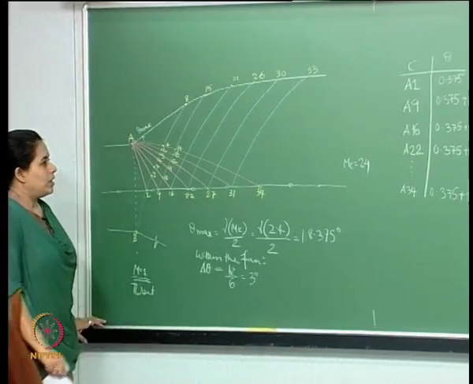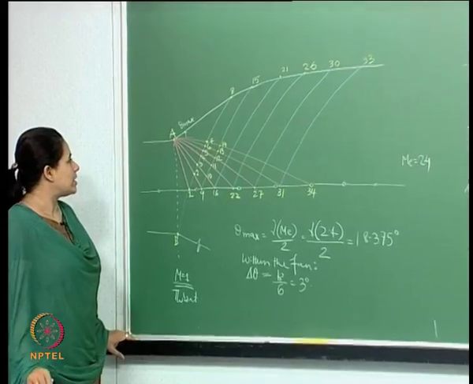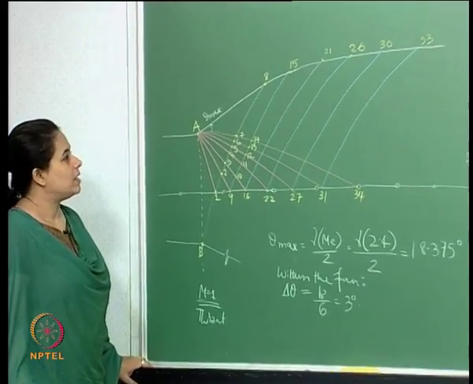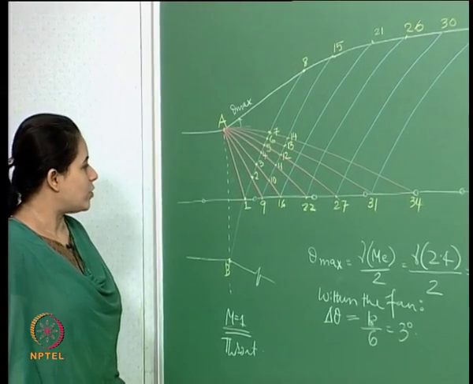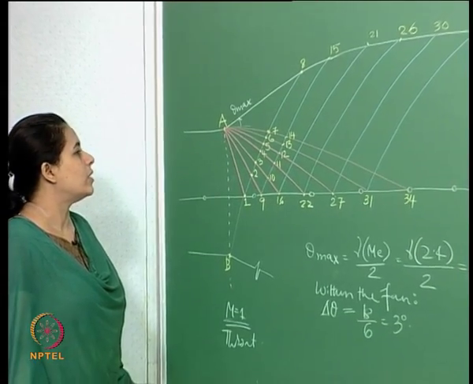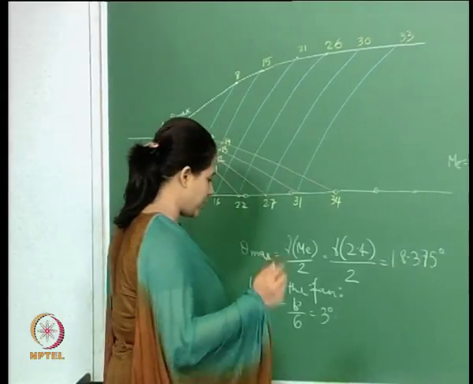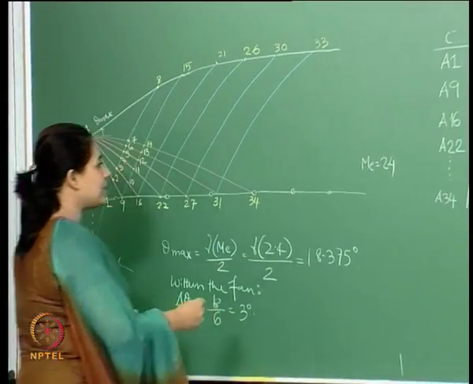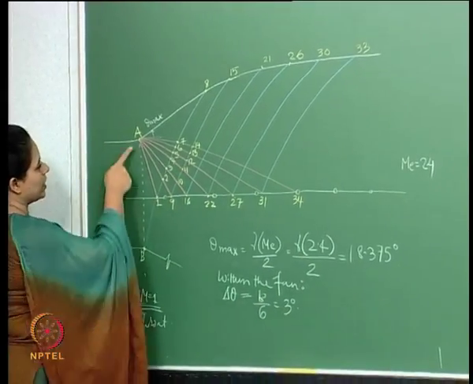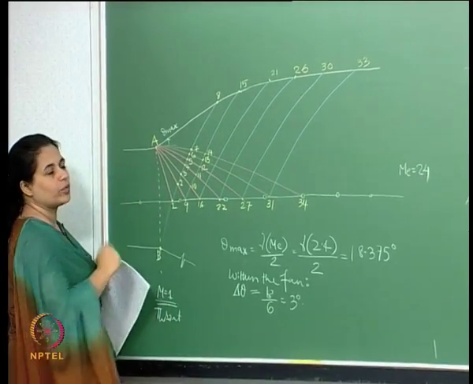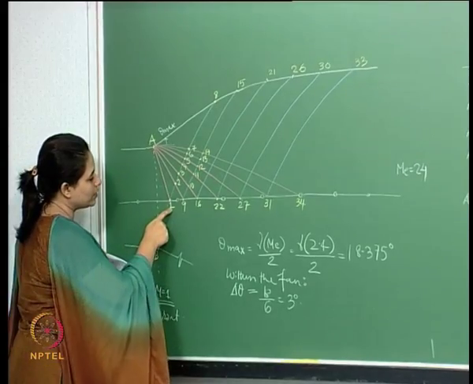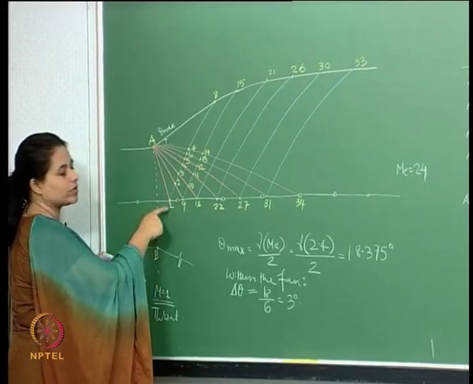So now we've calculated the thetas for each of these characteristics. Let us look at each characteristic separately. If you look at this characteristic, it has a theta of 0.375, which is theta 1.